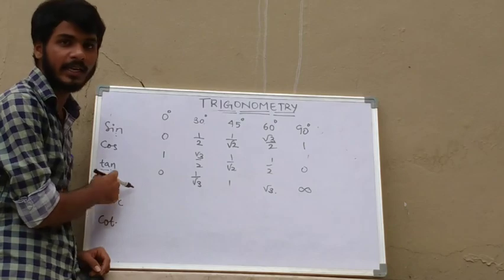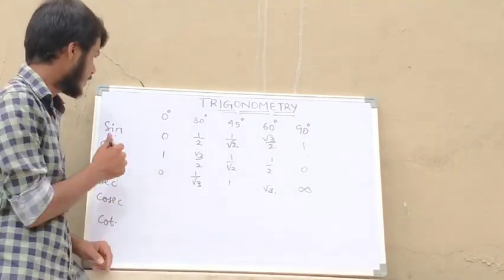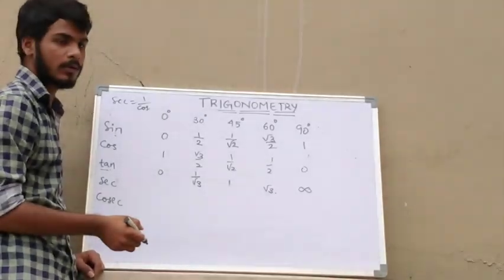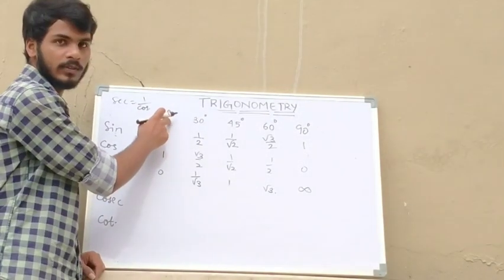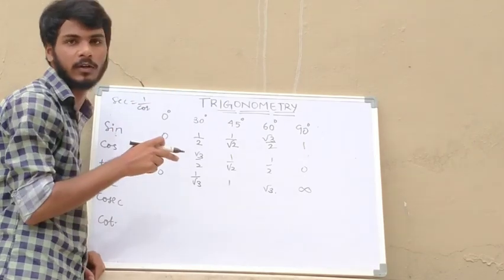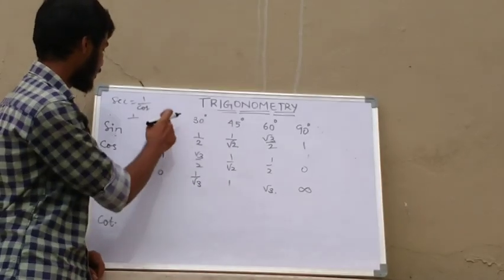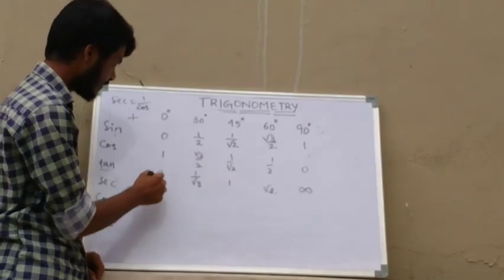Next, secant. Secant is the reciprocal of cos. Secant equals 1 by cos. So secant 0 is 1 by cos 0. Cos 0 is 1, so 1 by 1 is 1.